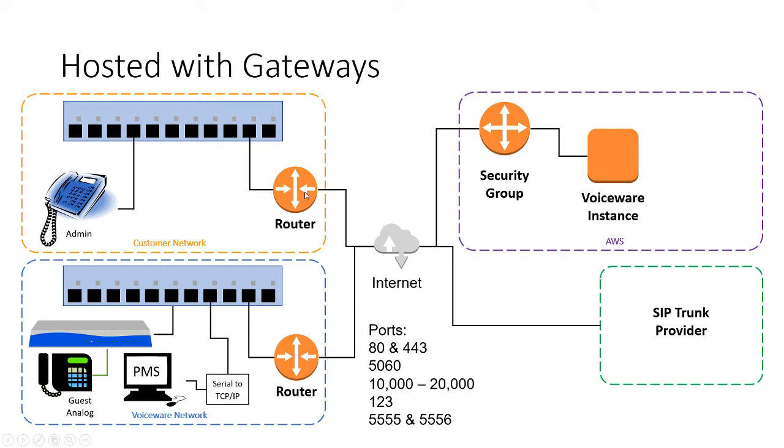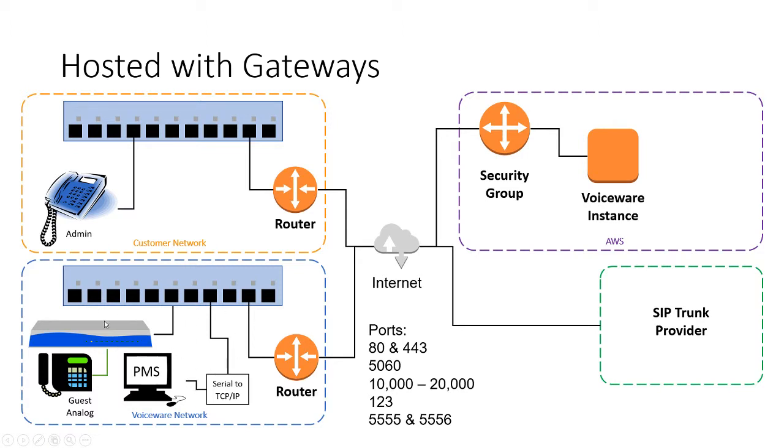It's going to communicate out through the customer's network over the internet, up through the AWS firewall into your AWS instance, just as before. A call to the guest room phone would go through here, then back down through the internet, through the router, and then to whichever gateway you're using here, and then that's translated to analog and connected to your analog station.